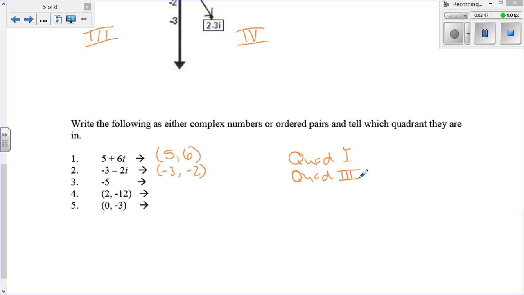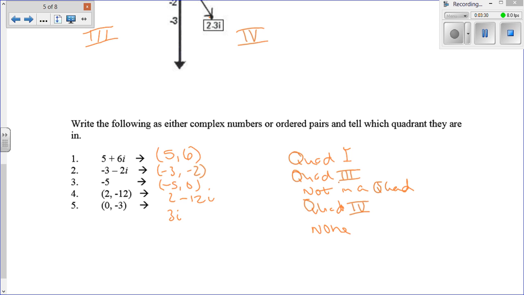Negative 5 is (-5, 0), and that's not in a quadrant. Then (2, -12) would become 2 minus 12i, and that would be in quadrant 4. And (0, -3) is just the number negative 3i, and again, that's not in a quadrant, so it's none.